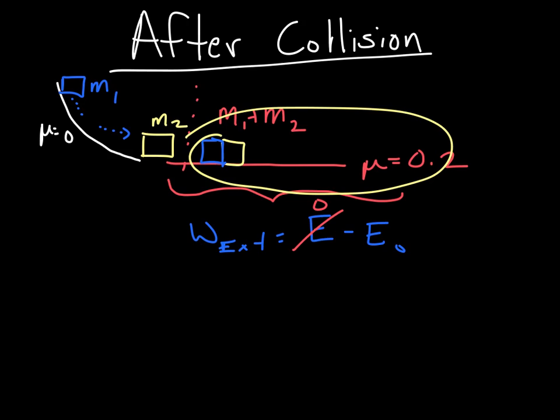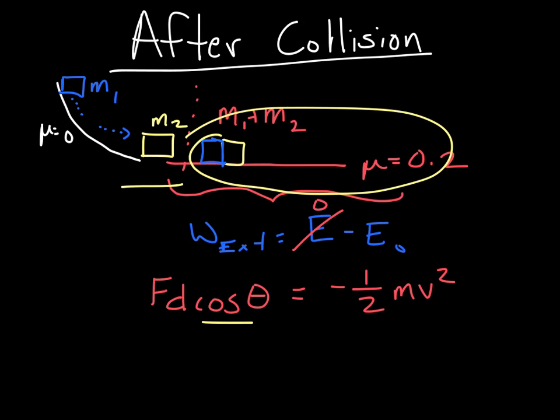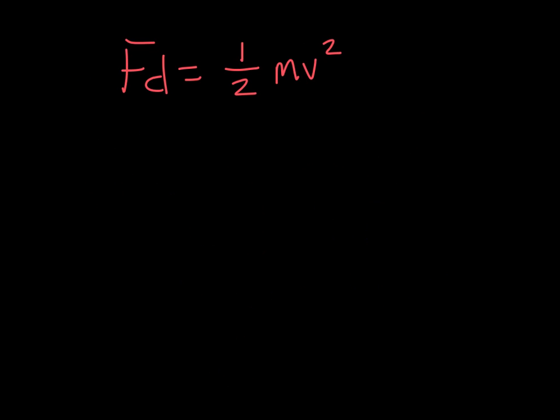This work is done by friction, so that is F d times cosine of theta equals negative 1 half mv squared. This angle, we know friction's going this way, your distance is this way, so this is cosine of 180 degrees, which equals negative 1. So we can cancel that negative 1 and that negative 1.